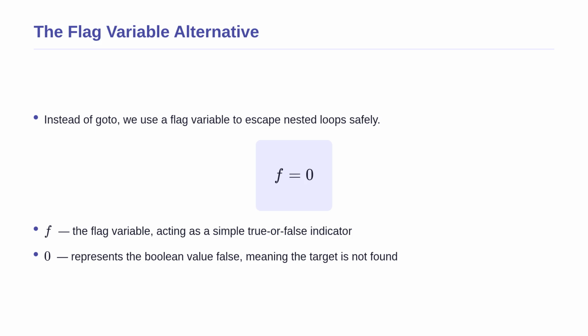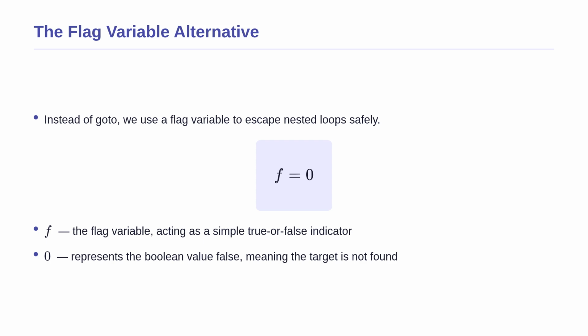Since we want to avoid spaghetti code, what is the modern alternative to goto? We use a flag variable. Conceptually, a flag variable is a simple true or false indicator, much like a physical mailbox flag that is raised when you have mail. Mathematically, we initialize this by setting a variable, let us call it f, equal to 0.